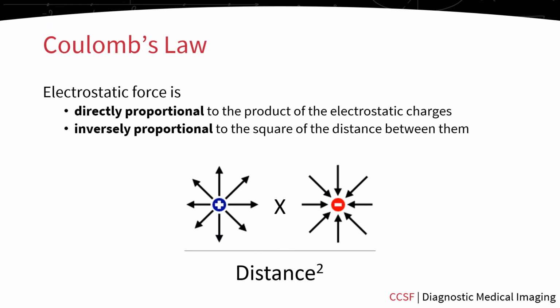Coulomb also has a law in regards to electrostatic force, and basically it says that electrostatic force is strong when things are close, but decreases rapidly when separated. This is inversely proportional to the square of the distance. And what does that mean? That means that when the distance between two objects is halved, meaning they get closer together, the force between them will quadruple.